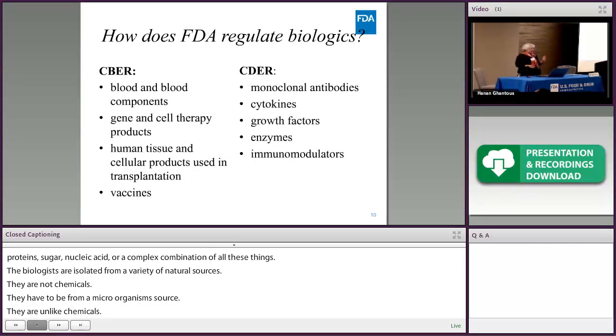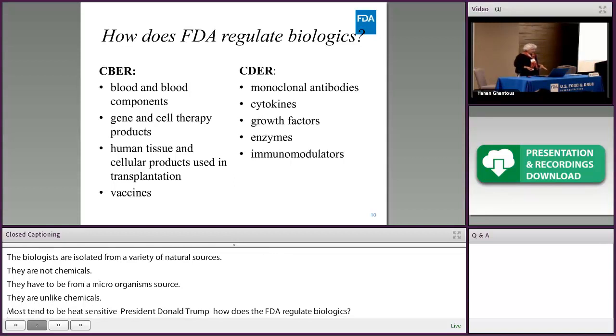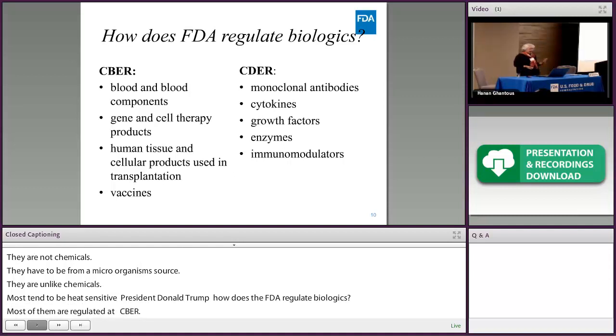A lot of biologics are regulated in CBER, and those are the blood and blood products, gene and cell therapy, human tissue and cellular products used in transplantation, and vaccines. Now, what I have listed here under CBER used to be in CDER also, but in 2003, what we call the biologic therapeutics were moved from CBER to CDER.